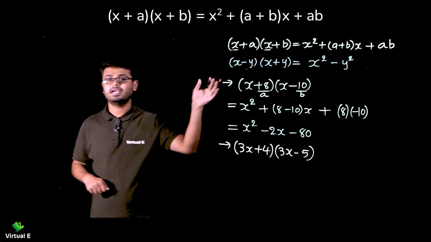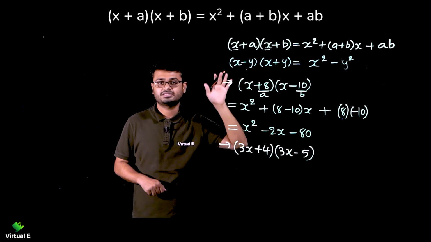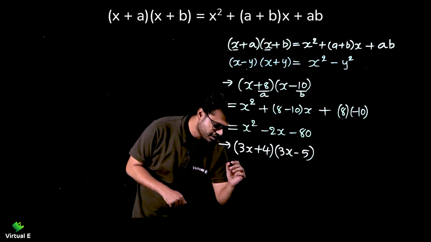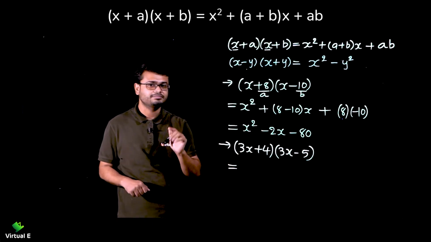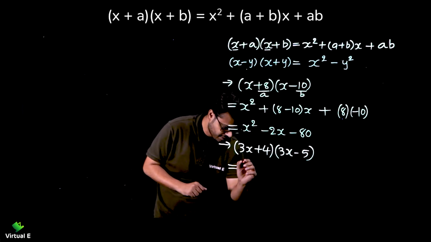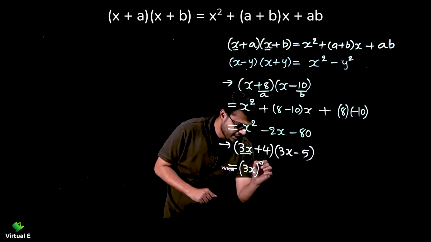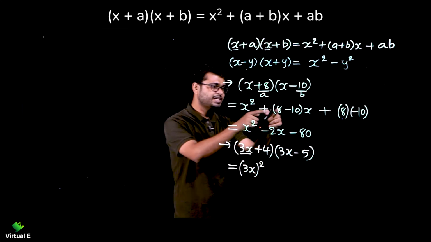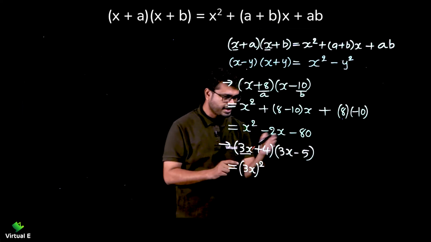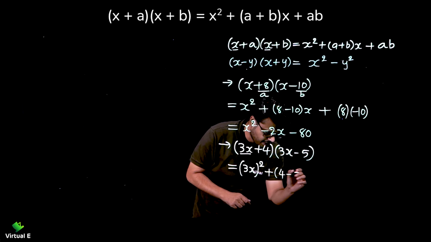Previously we had only x and in the identity as well we have x, right? So in this case, are we going to write x square? No, we are not going to write x square. We cannot write x square. We are supposed to write this term and the square of it. Be careful, right? The second term we know very well, the subtraction or addition of these terms. So here 4 and minus 5.